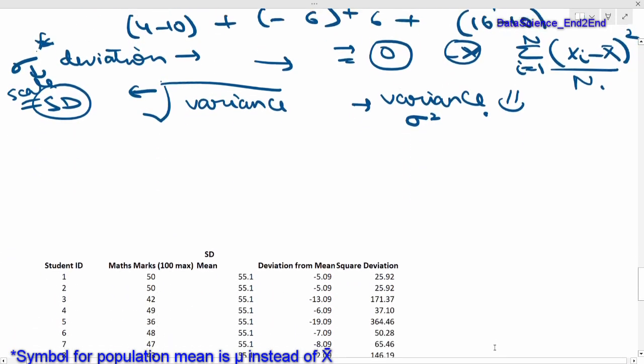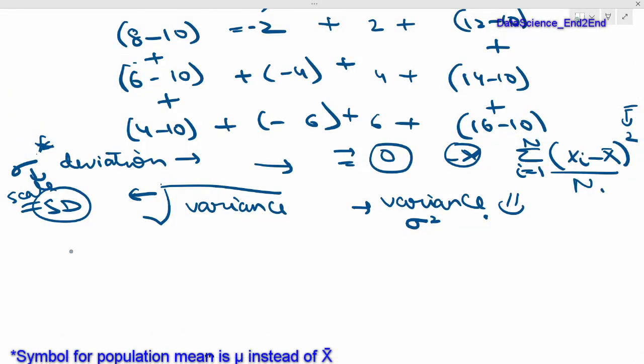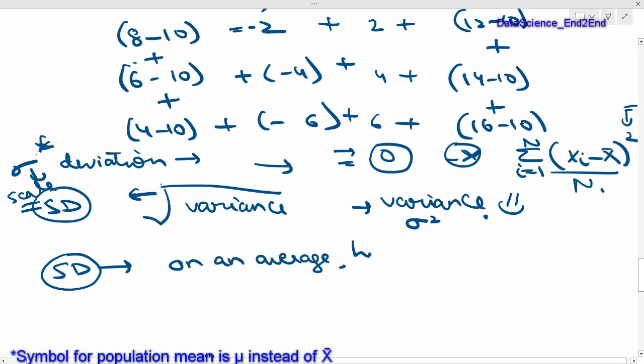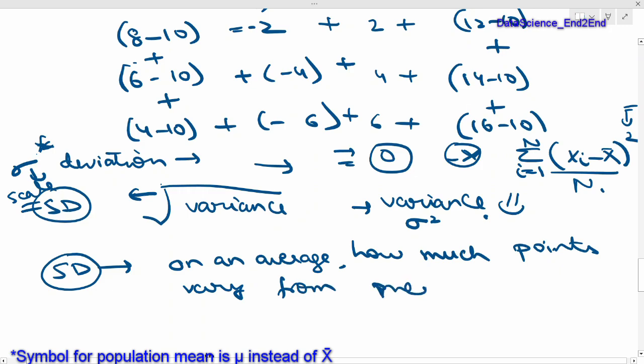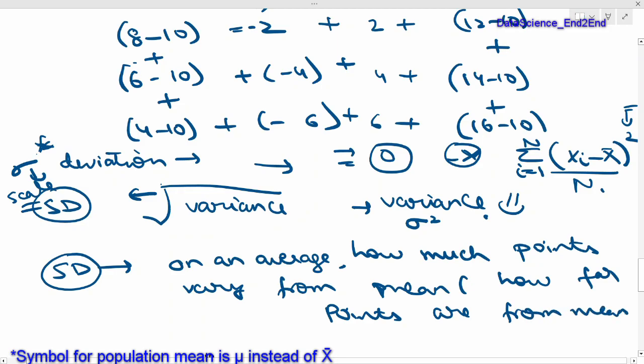Now, what is the interpretation of standard deviation? Standard deviation is basically telling you, on an average, how much points vary from the mean, how far points are from their mean.